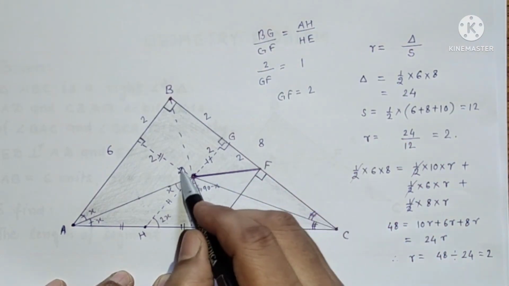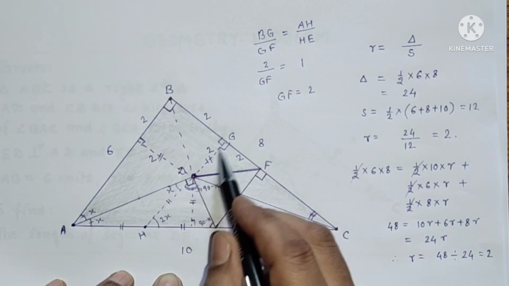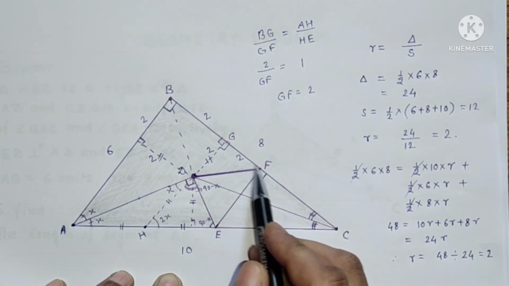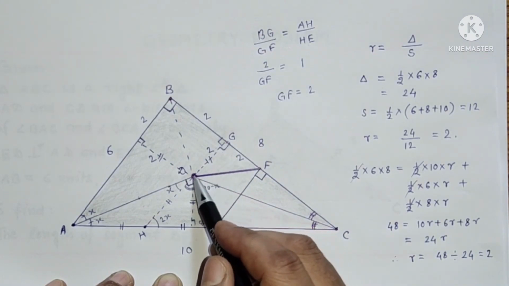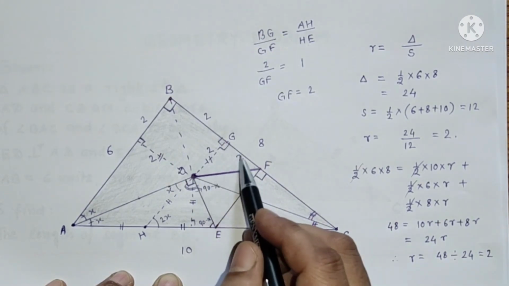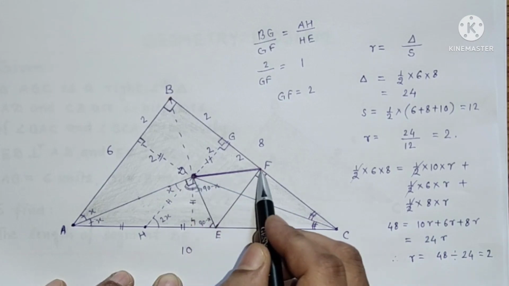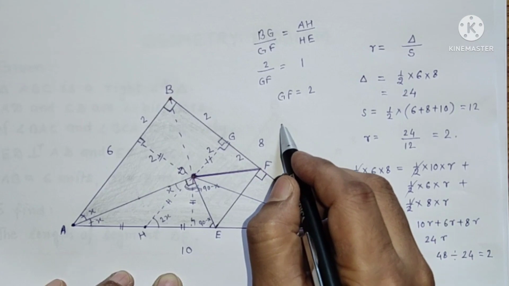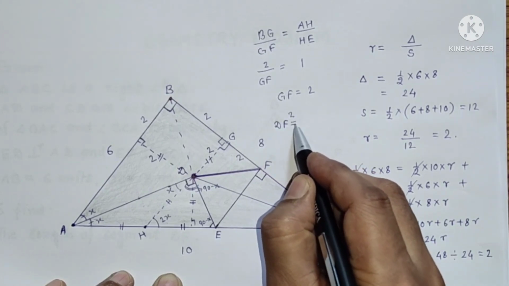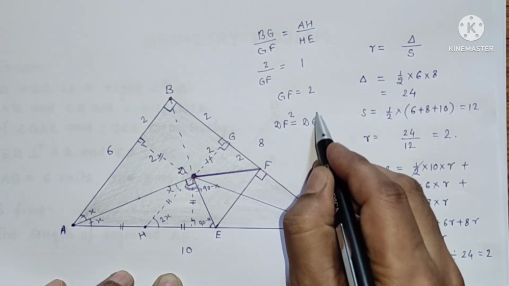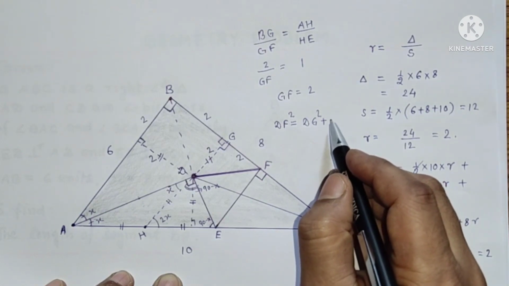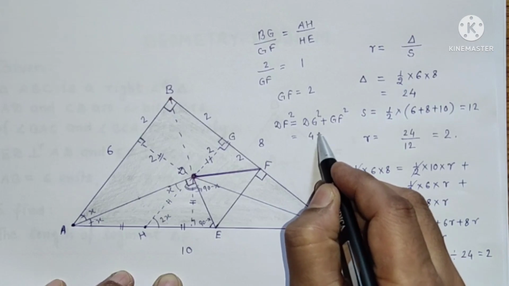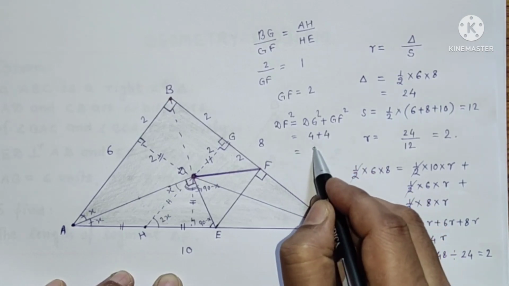Now consider this triangle DGF. DG is equal to 2, GF is equal to 2, and this is a right angle. This triangle is a right angle triangle. By using Pythagoras theorem, the required DF: DF square is equal to DG square plus GF square, which is 2 square plus 2 square, 4 plus 4, which is 8.